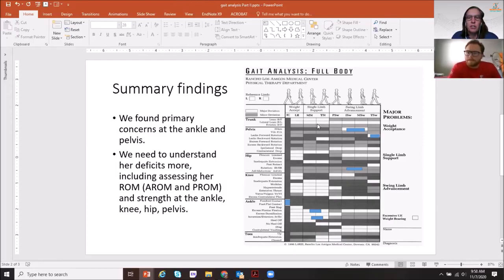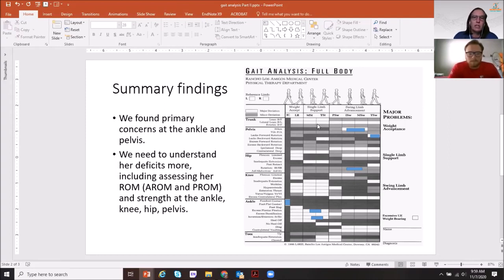She would either use the external rotation or the hip hiking. She could vary that depending on whether she was on a treadmill or not. And then we had forefoot contact or forefoot flat, and that was not really a foot slap, and that's something that we want to investigate. She also does have a little bit of excess plantar flexion, just keeping it in plantar flexion through swing, as well as a little bit of eversion.